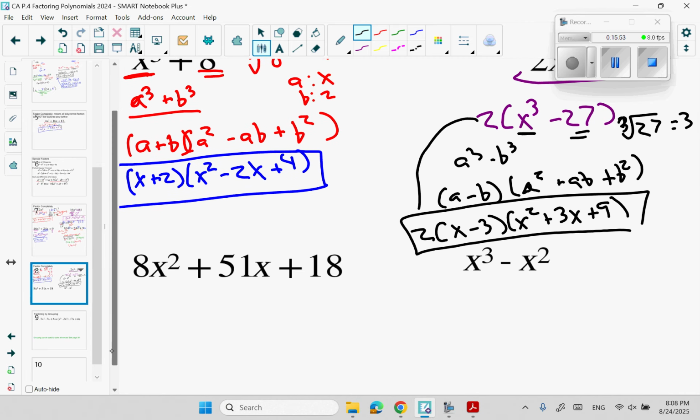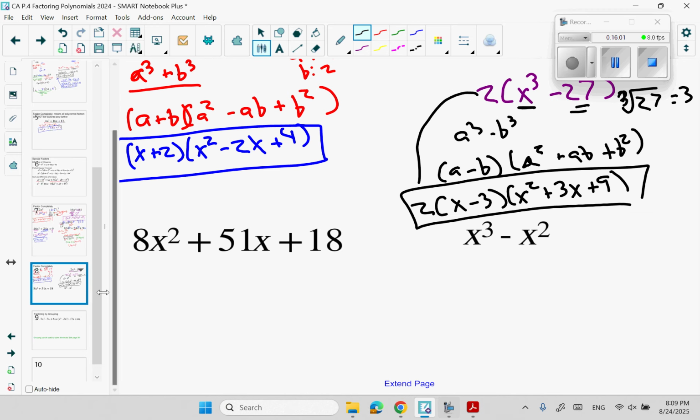Ooh, 8x squared plus 51x plus 18. Well, again, 8 times 18 gives us 144. So I'm looking for two numbers that multiply to 144 that add to 51. And let's see, let's try 48 and 3?